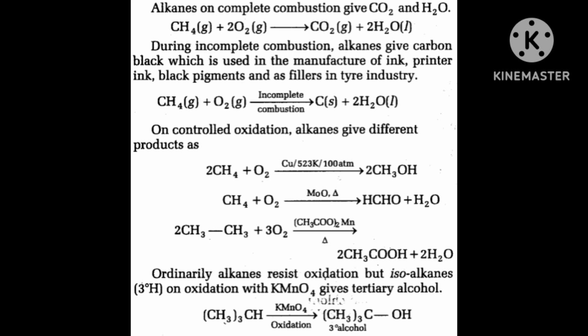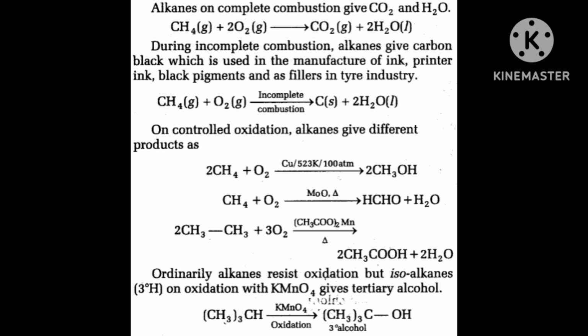Third product: suppose you have taken ethane. Now, after two cases of methane, take ethane: 2CH3CH3 plus 3O2. Here you are using manganese acetate, not just a catalyst. Manganese acetate is (CH3COO)2Mn, where Mn is 2 plus.